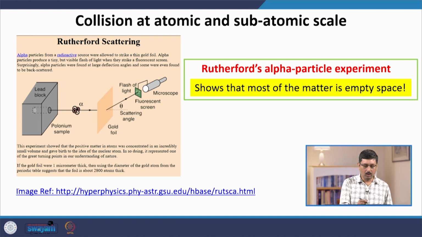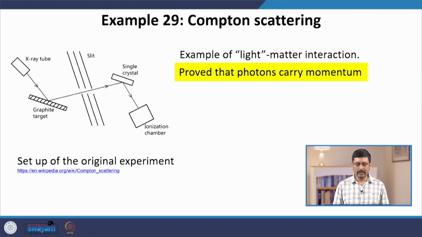In physics terms, this is called an example of scattering, which is another word for collision. Now, we are going to take another example which is called Compton scattering, which is another extremely fundamental experiment in physics. I am sure some of you who have taken courses in modern physics or quantum mechanics have come across this example.